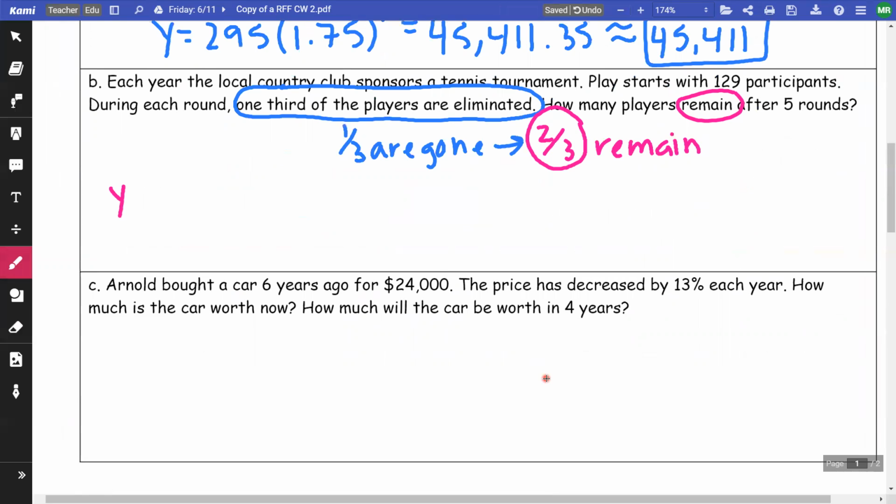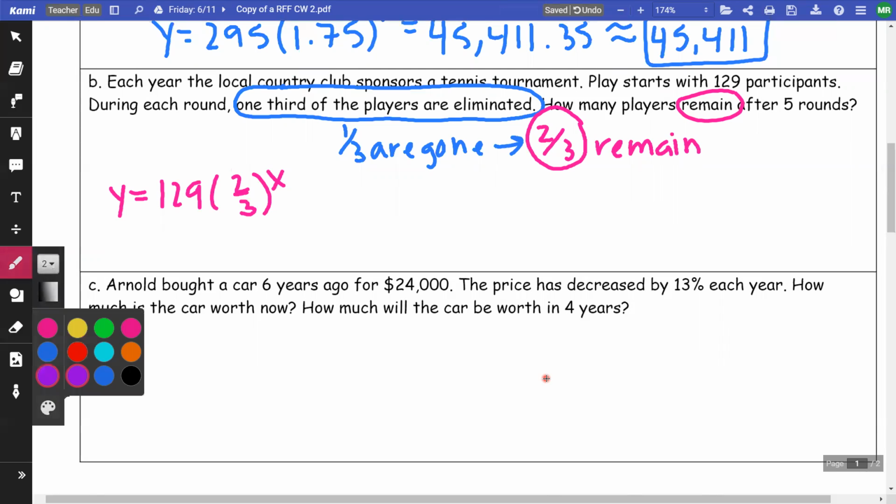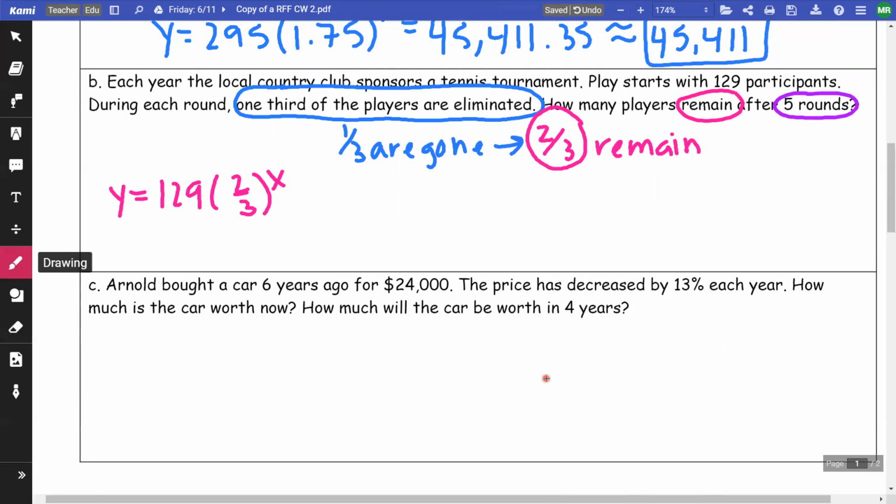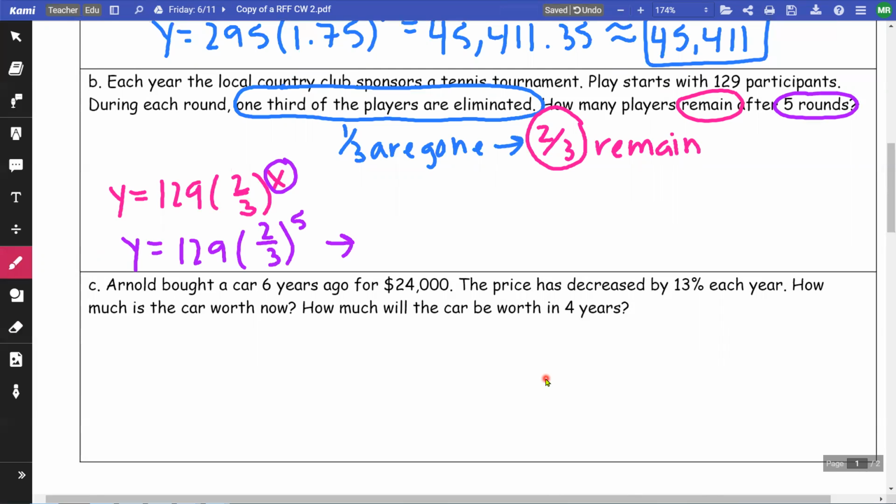So we're going to start with y equal 129 times 2/3 to the power x, where x is how many rounds. Now we want this to be 5 rounds, so I'm going to put 5 in for my x. So I'm going to go y is equal to 129 times 2/3 to the power 5 and see what we get.